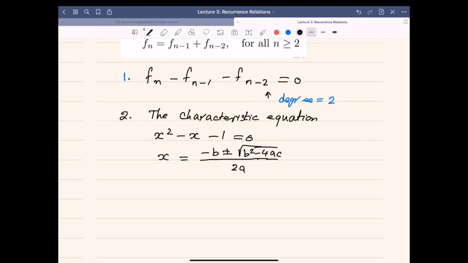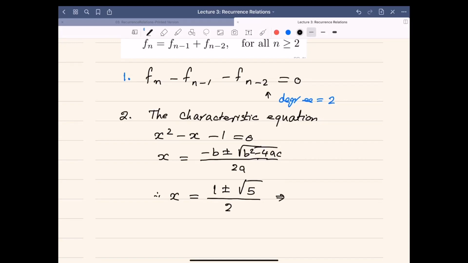The value of a is 1, the value of b is minus 1, and the value of c is minus 1. When you substitute, b squared is 1, minus 4 times 1 times minus 1. So the total will be equal to 5. We have the square root of 5, and 2a is 2.